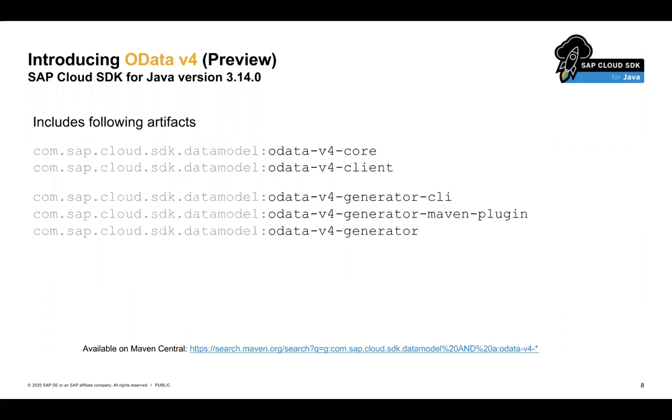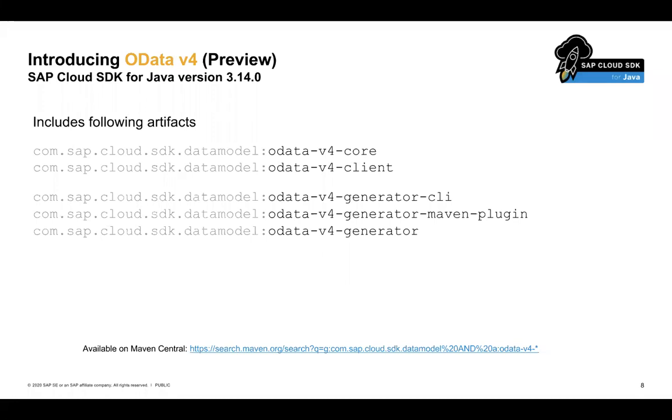That's why I want to provide a short deep dive into this topic. So the OData v4 support that we released as preview, like already mentioned, consists of a few Maven artifacts like we see here.